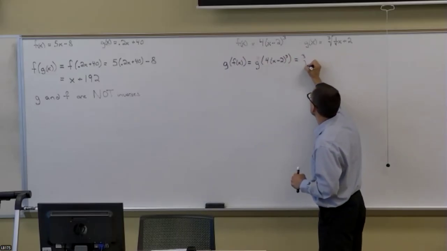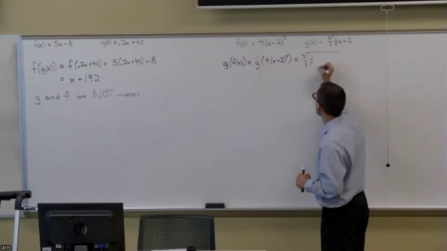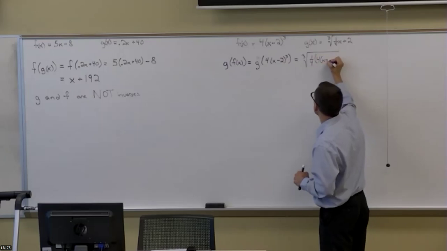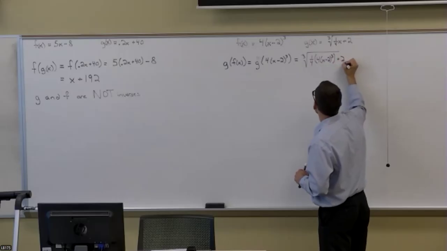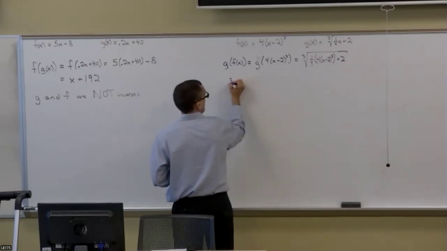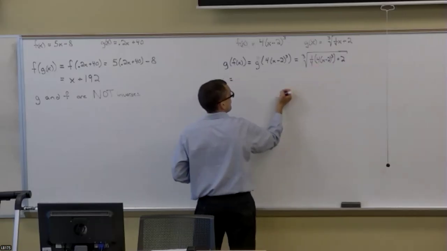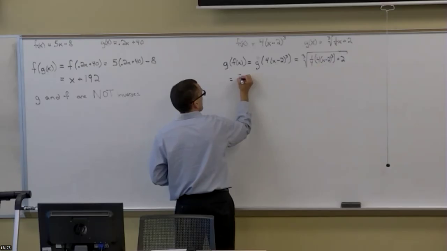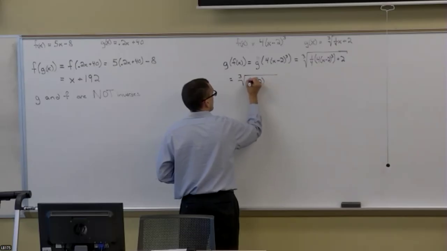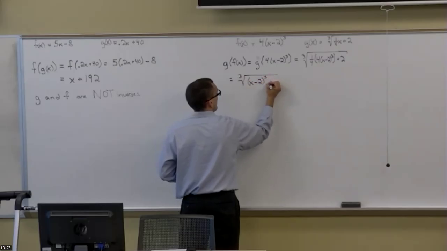That's the 3rd root of 1/4 times this whole thing. One-fourth times 4 just gives me 1. And so I get the cube root of x minus 2 raised to the 3rd power plus 2.